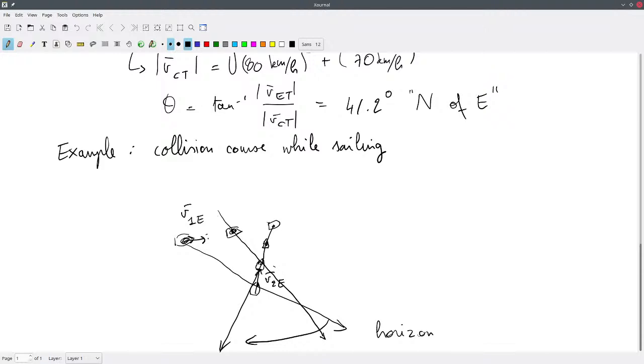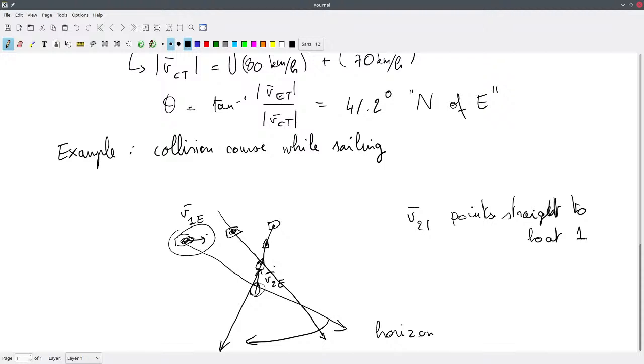Now if we put this in terms of the reference frame of boat 1, what's really happening in the first case is that the relative velocity of boat 2, v2, with respect to 1, which is the relative velocity of the second boat with respect to the first boat, points straight to boat 1.